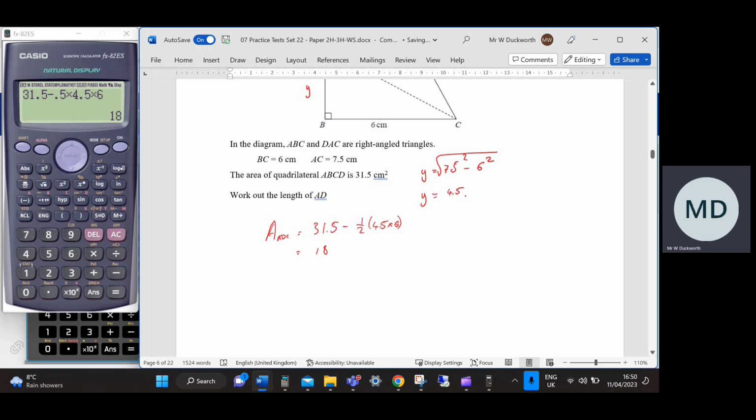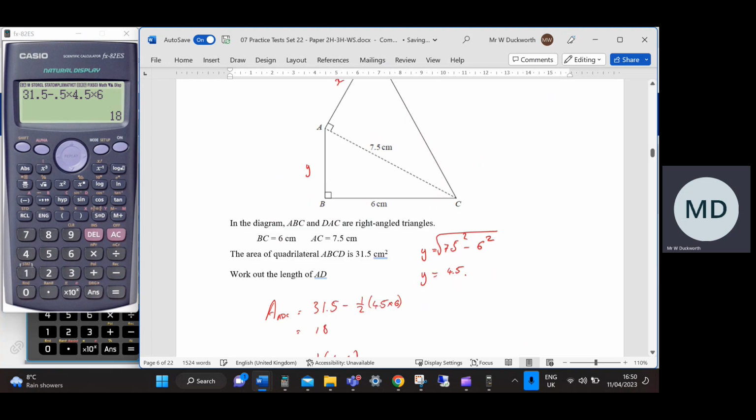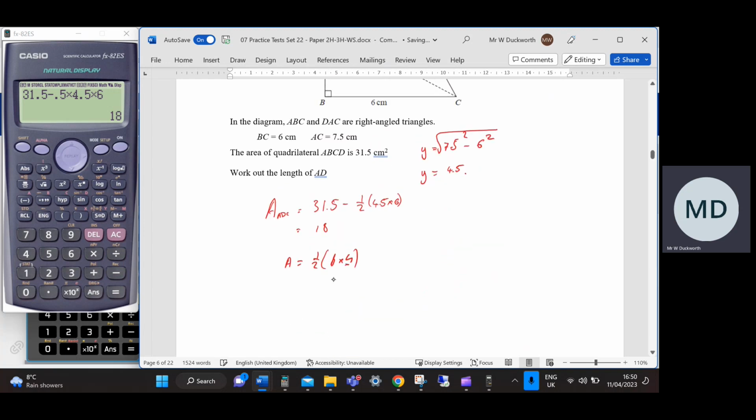Well, the area of a triangle is equal to half base times height. If I wanted to work out the height, I rearrange that: 2 lots of the area, so in effect I've done 2 steps there, times by 2, and then divide by the base is going to be equal to the height.